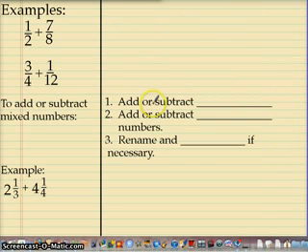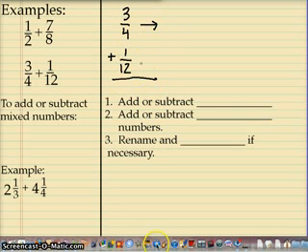For the next problem, we have 3/4 plus 1/12. We're also going to list this one vertically. And we see that 4 and 12 are not common. But we do know that both numbers will go evenly into 12.